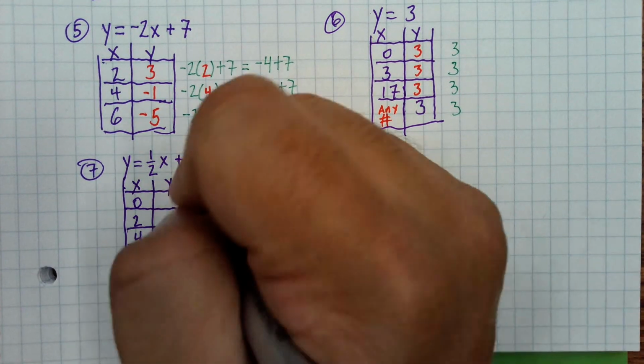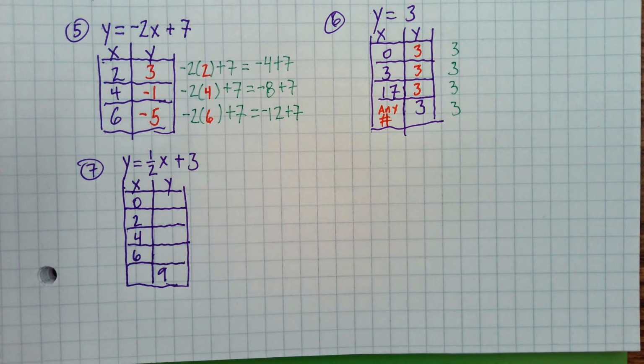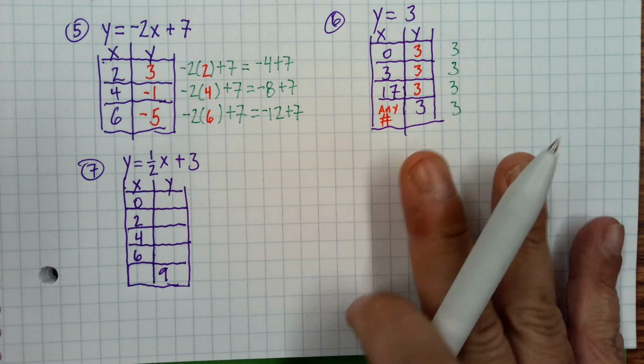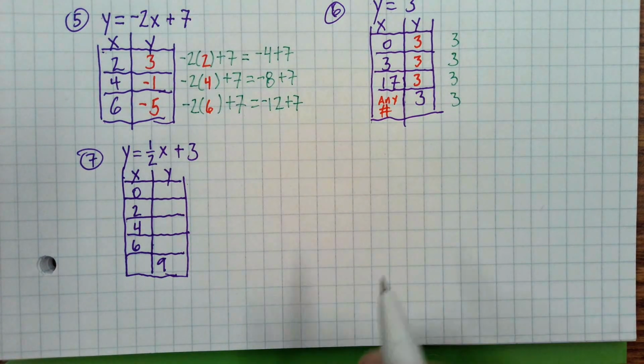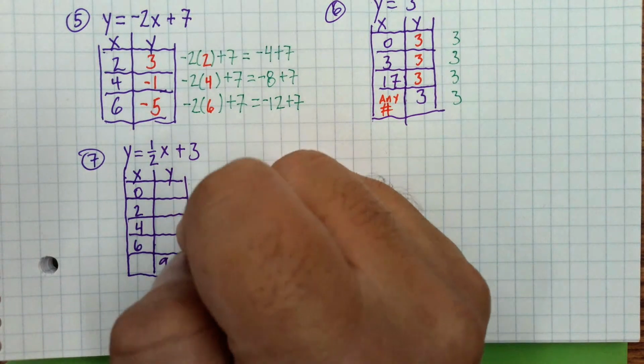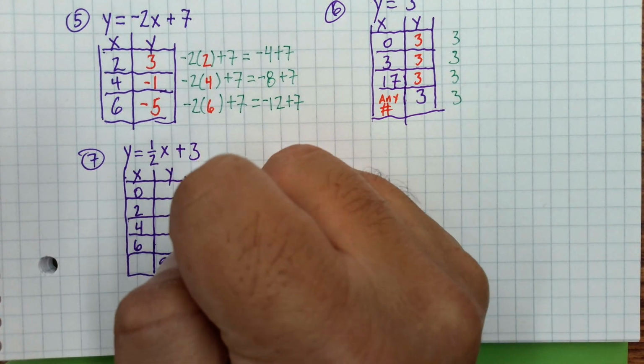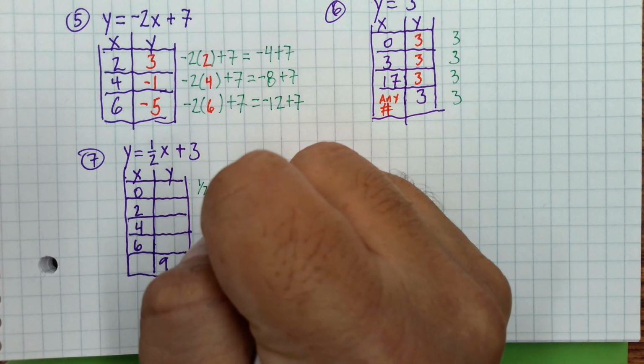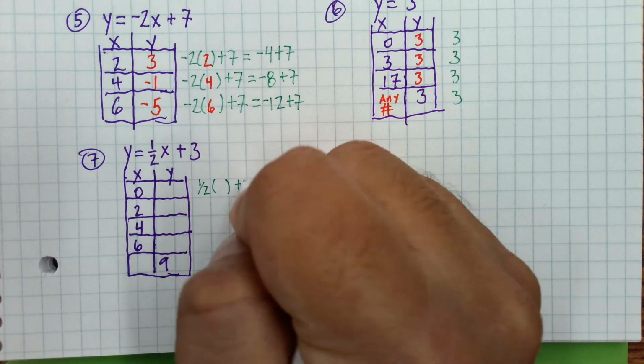Okay, so this time we got a fraction to work with, 1/2. So let's see what the rule is. The rule is 1/2 times whatever x is plus 3.